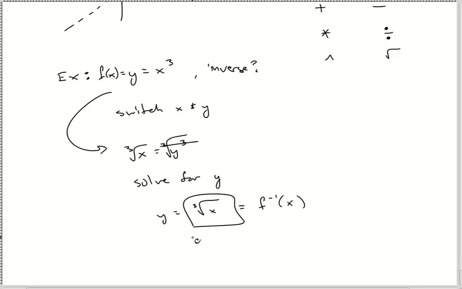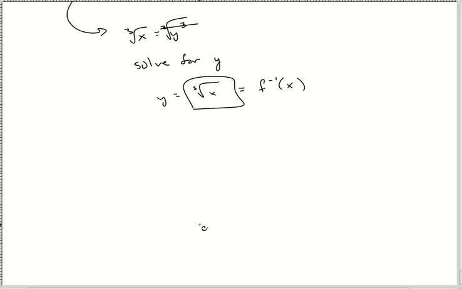That's it. That's how you do it. So we already saw the opposites here, cube root. But let me do another example or two, and I'll show you some other ways, the long way, I guess you can say. So here's another example. Let's say that I started with y equals 2x plus 3. That's a pretty basic one. So what's the inverse? Well, I'm going to switch my x and y, and then I'm going to solve for y.